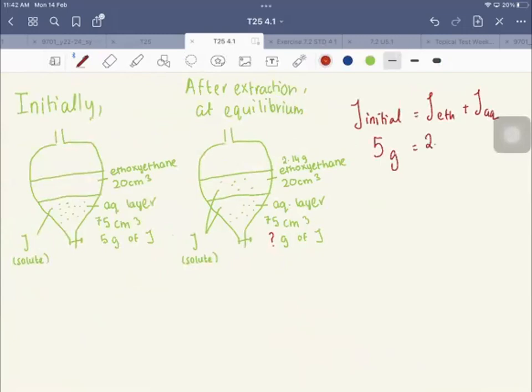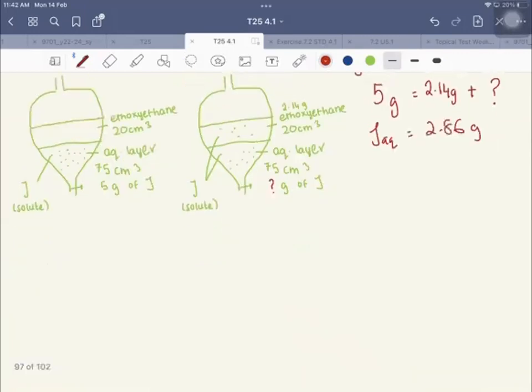At equilibrium, you have 2.14 grams of J in ethoxyethane, and you want to find J in the aqueous layer at equilibrium. So that should be 2.86 grams. Okay, please correct me if I am wrong at any point in my explanation.